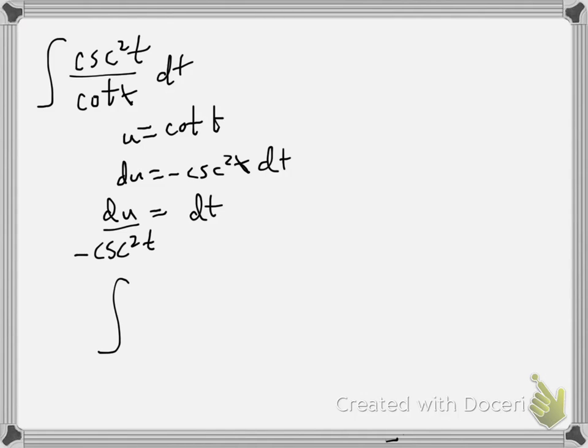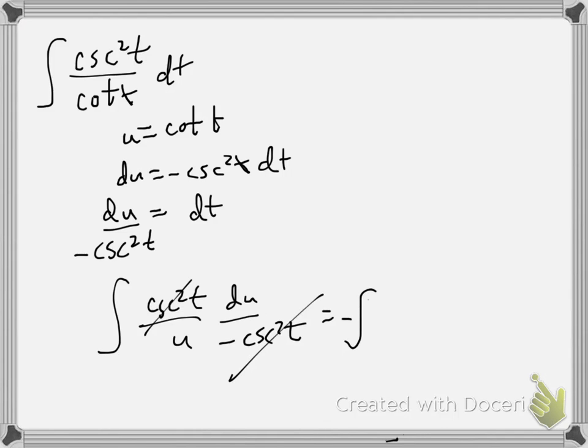Substitute. We have cosecant squared over u, and then dt is du over negative cosecant squared. Cosecants cancel out. Now we have what we want: 1 over u du.